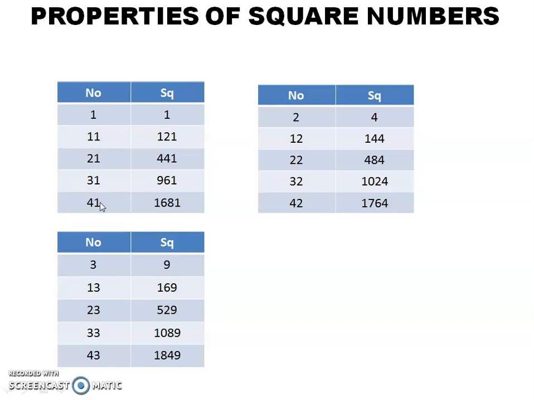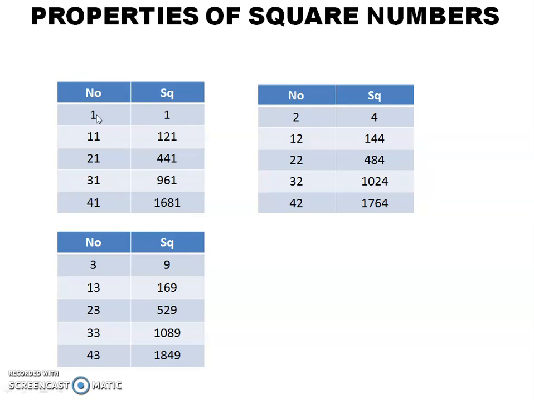You can see the numbers end in 1. 1, 11, 21, 31, 41, etc. Let us see the square of these numbers. 1 into 1, 1. 11 into 11, 121. 21 into 21, 441. 31 into 31, 961. 41 into 41, 1681.